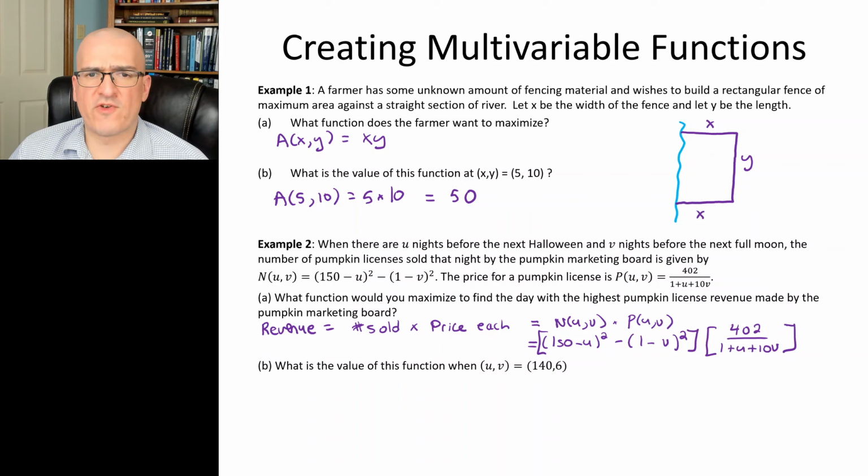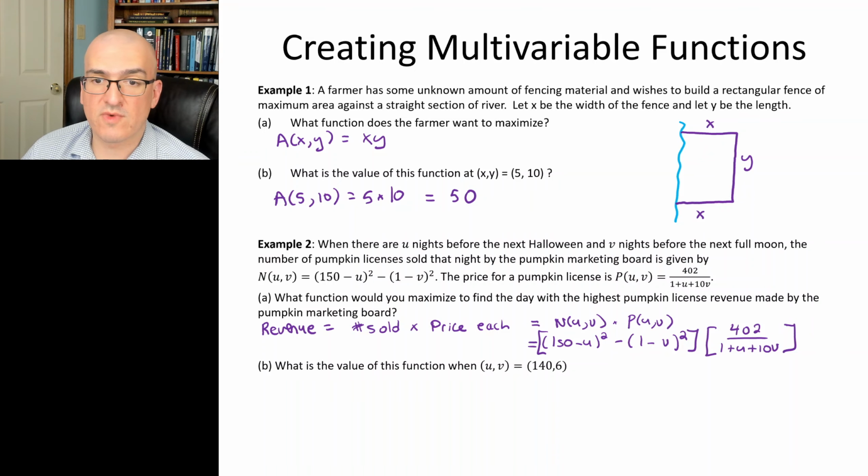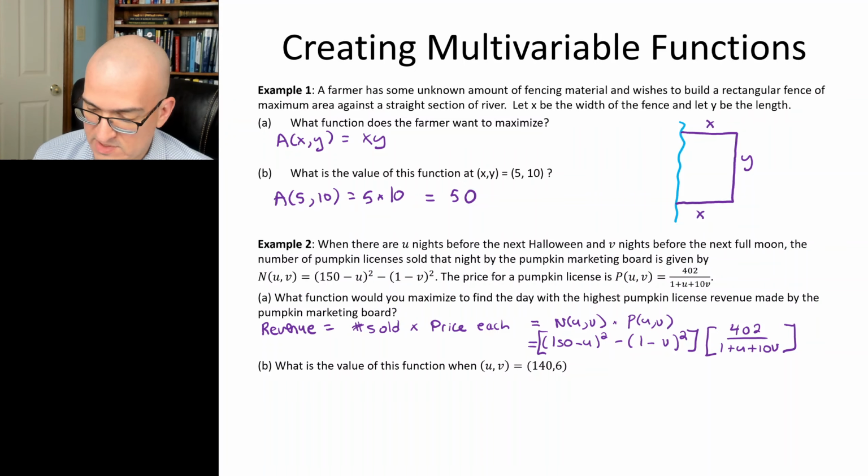So it's some very bizarre model, and this is all we have to do. Multiply the two items together to create a function that represents the total revenue. Part B is to evaluate this model at u comma v is equal to 140 comma 6. So 140 days before Halloween and 6 days before the next full moon. What is the revenue going to be from the sale of these licenses to grow pumpkins?